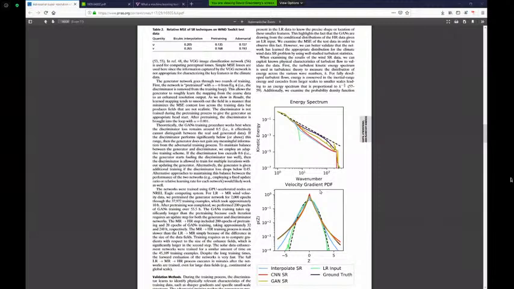And we can ask if this is correct, if it's physically consistent. So the ground truth data is in black. We have this curve, you have this decrease in energy as a function of wave number, and then at very high wave numbers, very high spatial frequencies, it sort of drops off. And you can ask, do the wind fields produced by the super resolution network actually capture these statistics?